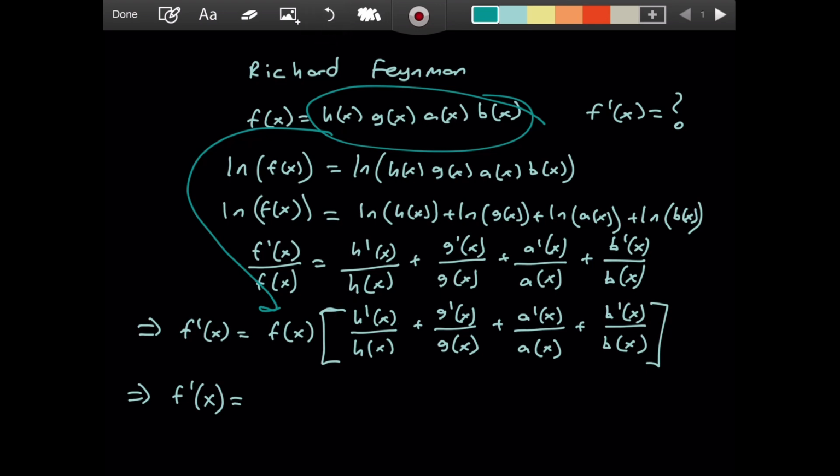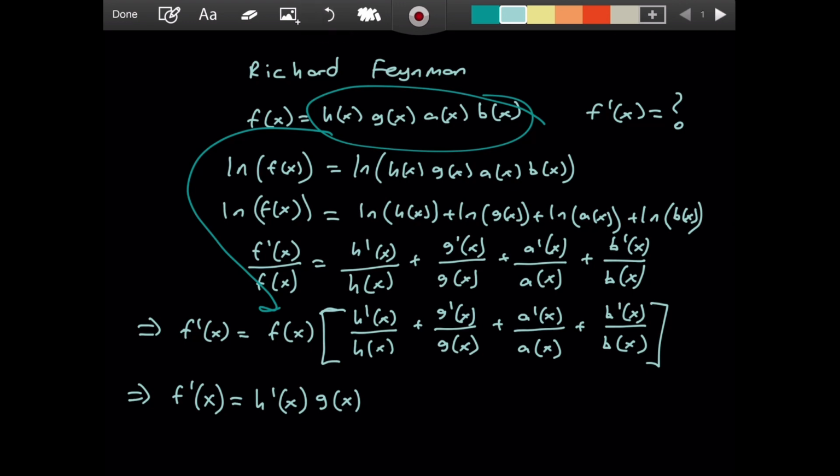For the second term, g of x will simplify, and then there will be the product of the other three times the g prime of x.